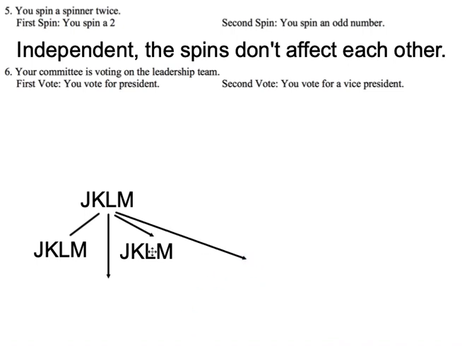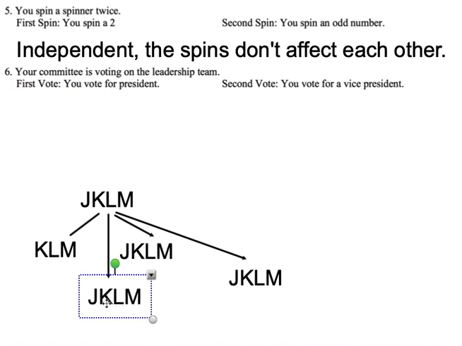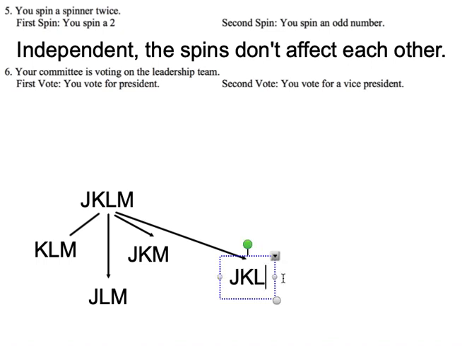So, if for the first pick, you pick Jeff, Jeff is no longer available as vice president. If, let's say, the first time you picked Kyle, Kyle is no longer available for the vice president. If you picked Lucy, Lucy's no longer available for vice president. And if you picked Michelle, Michelle is no longer available for vice president. So the person you pick for president is not available to be vice president.